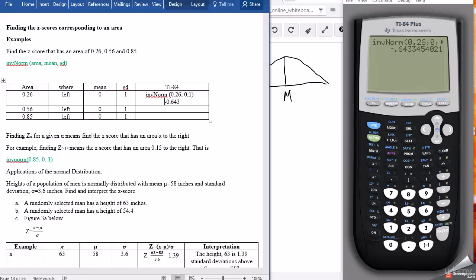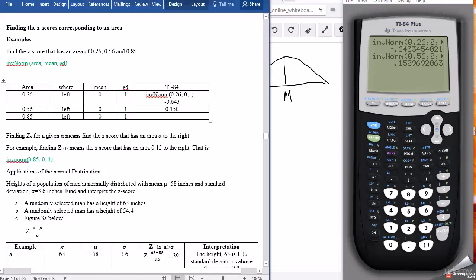We do the same thing to find the z-score for the area of 0.56. We go back to 2nd VARS and select number 3 again, and we're going to change the area to 0.56. Everything else remains the same, so we paste and enter. So we have 0.150.